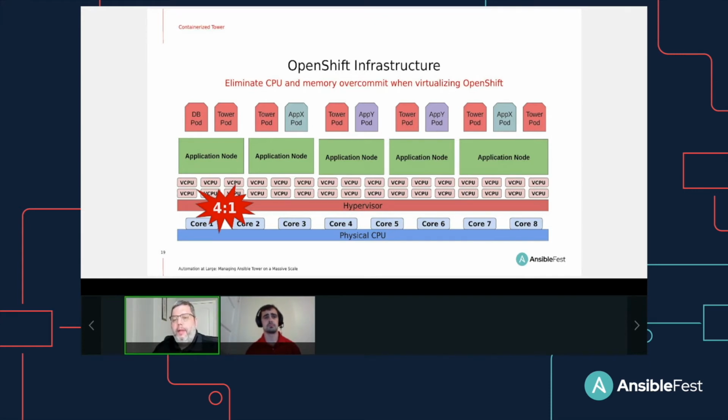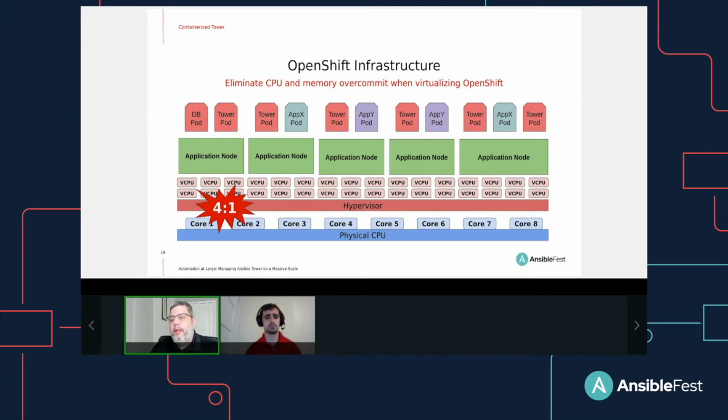Similarly, we need to look at application nodes like the second and third application node where we have a Tower pod and another application pod running on that node, as there may be contention for resources between the pods and impact one or both applications' performance.